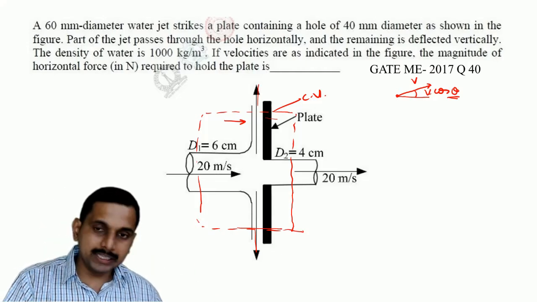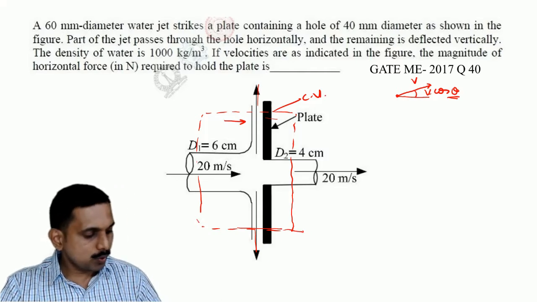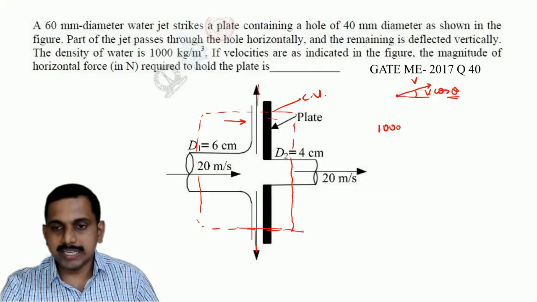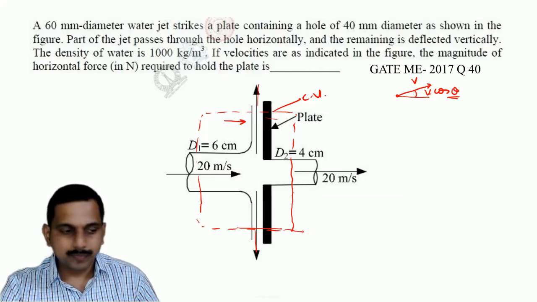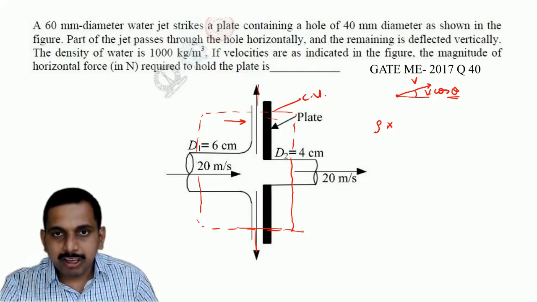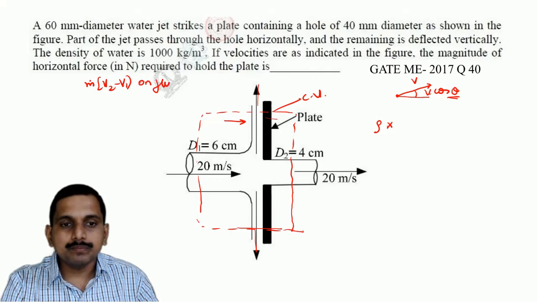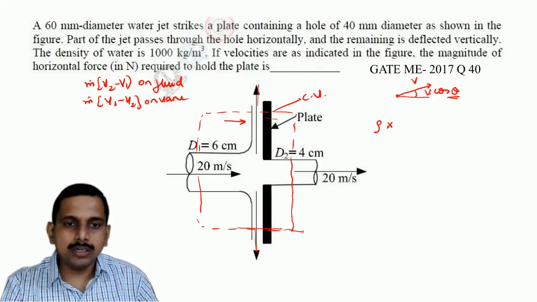The force here would be 1000, the density, into what is coming in, v1. Now we have seen in the last one, it is m dot into (v2 minus v1) on the fluid, and m dot into (v1 minus v2) on the vane, correct, or on a nozzle.